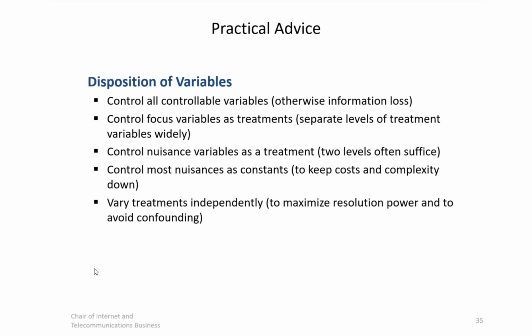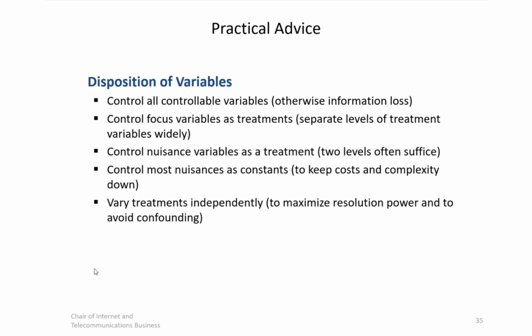Finally, we discussed the disposition of variables. Control all controllable variables, otherwise you have some information loss. Control focus variables as treatments, which are the crucial elements you want to understand in terms of how they impact your dependent variable, and then separate the levels of treatments and variables widely.